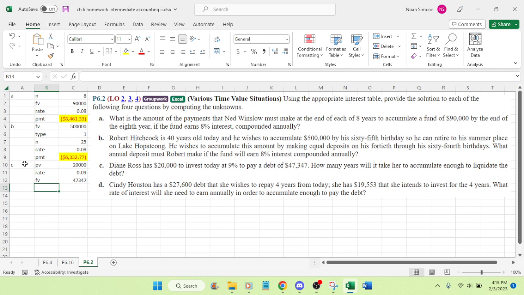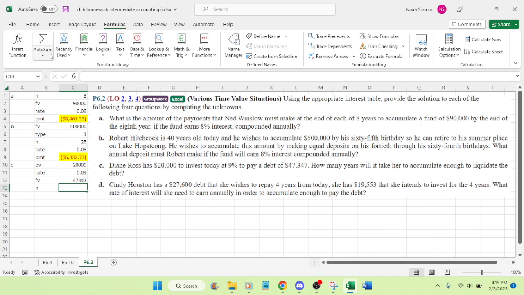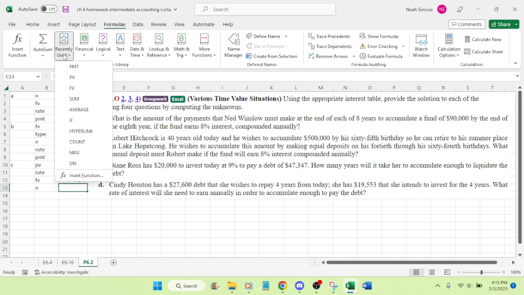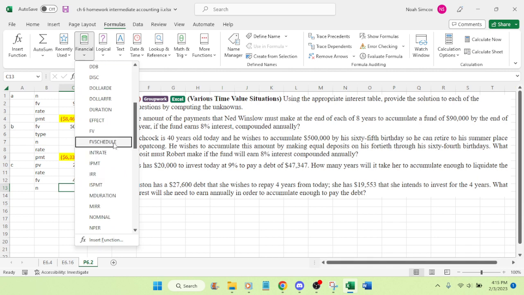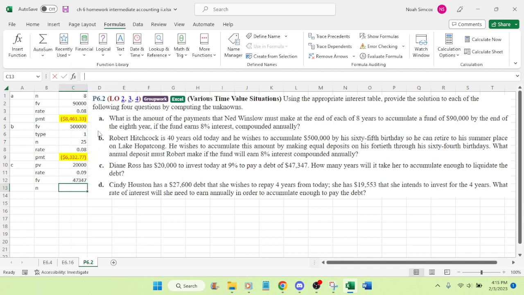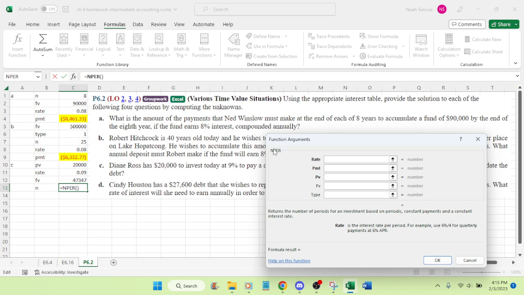How many years will it take to accumulate enough to liquidate the debt? And it's going to be number. Formulas. Why isn't it here? Rate, we have present value and future value.